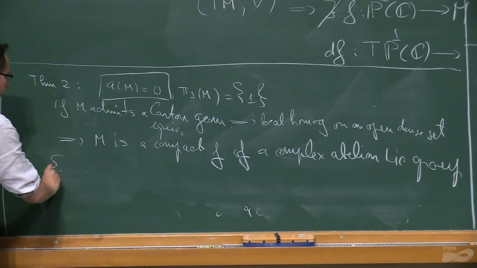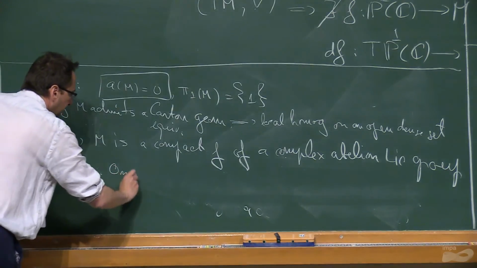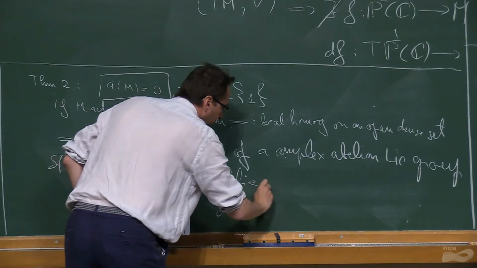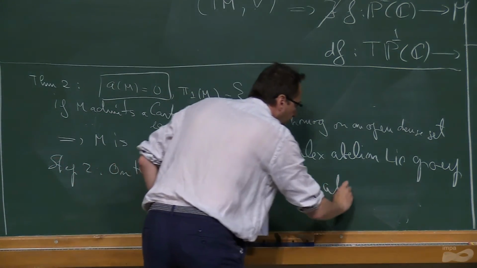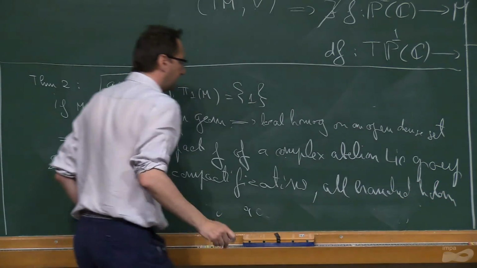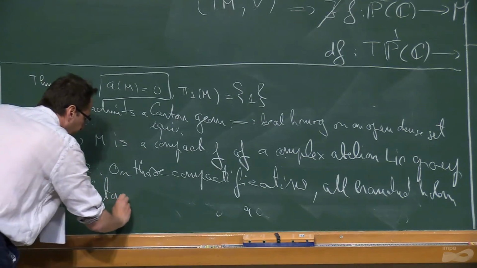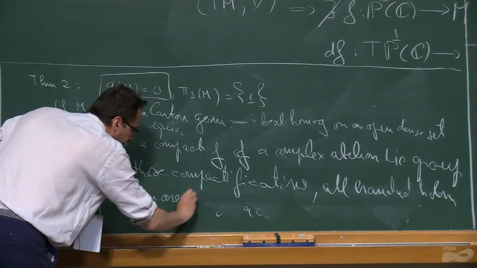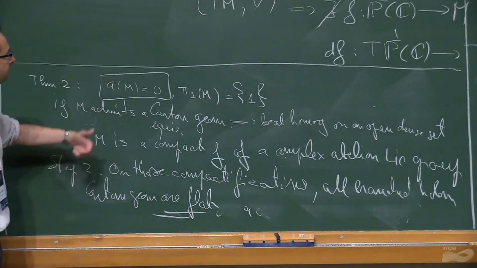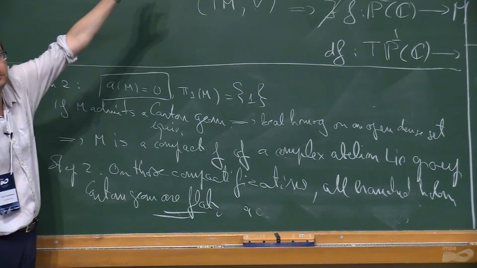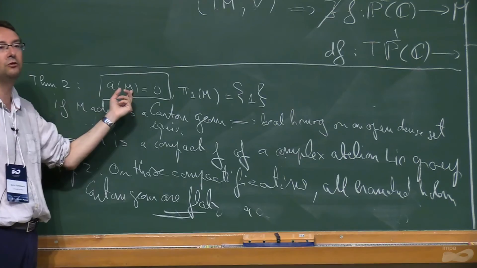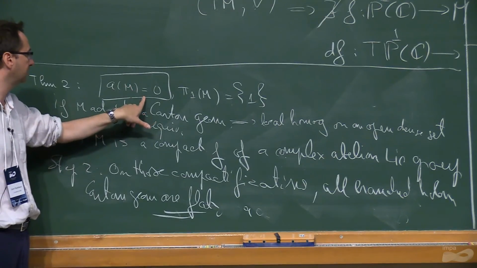And step 2, on those compactifications, all branched holomorphic Cartan geometries are flat. And once you prove this flatness, you have this developing map going from M into this projective manifold, and you pull back meromorphic functions, and you have a contradiction with the fact that the algebraic dimension is 0.